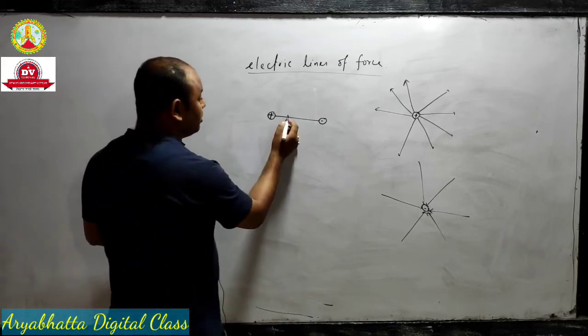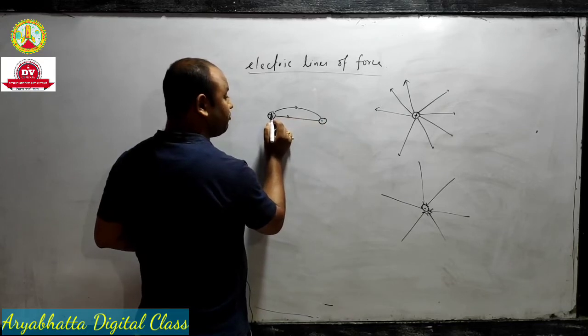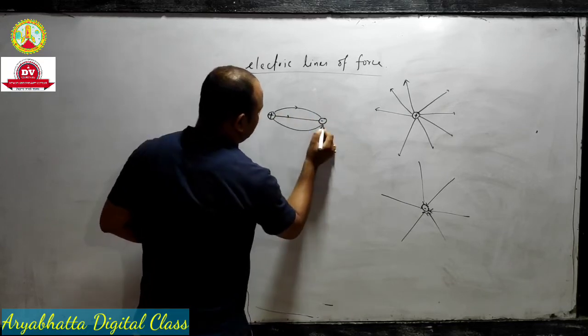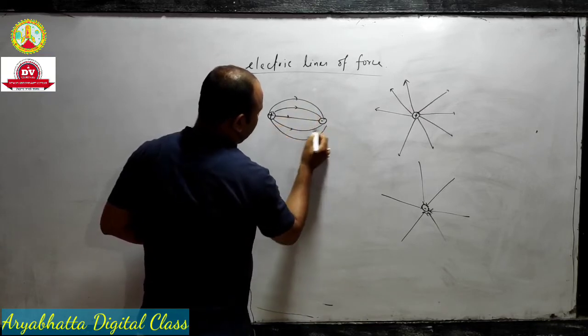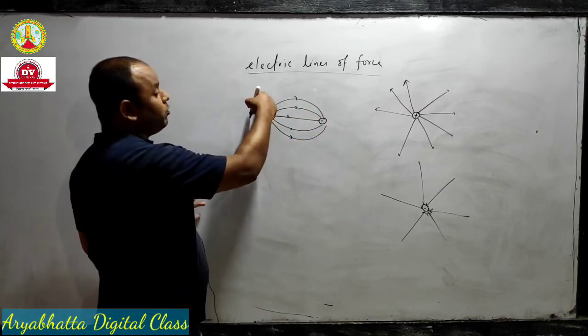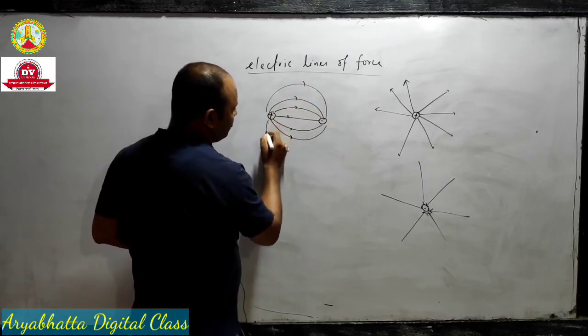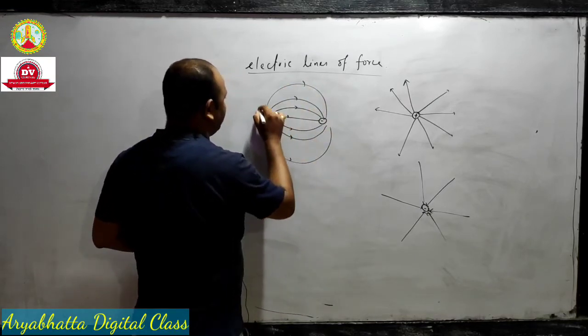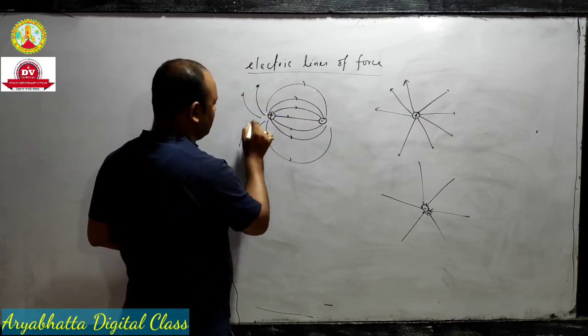So the electric field lines look like this, starting from positive and finished at negative, like this.